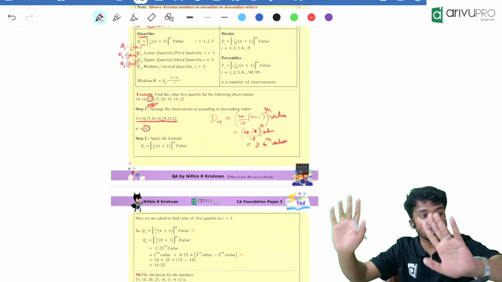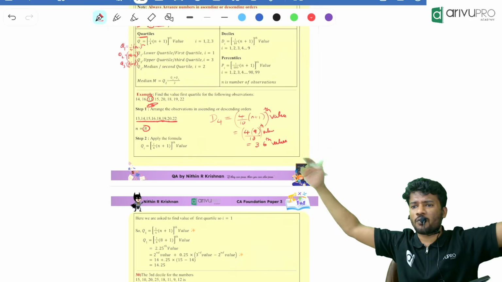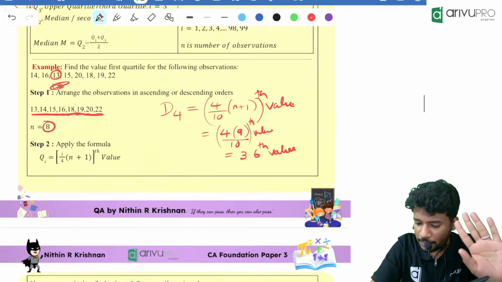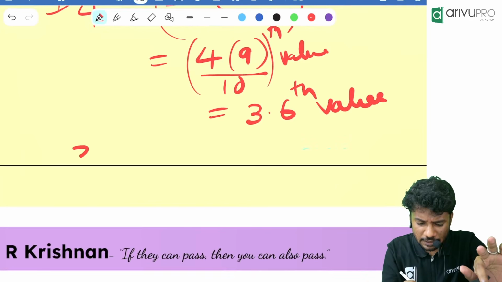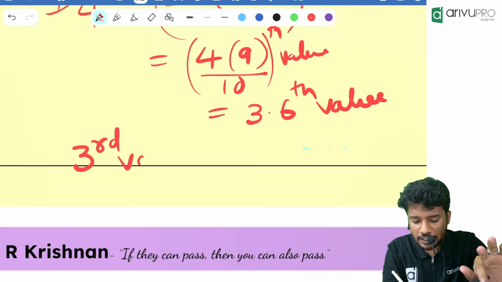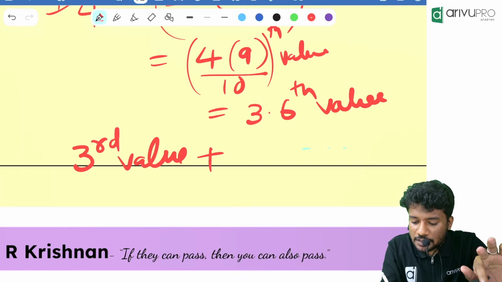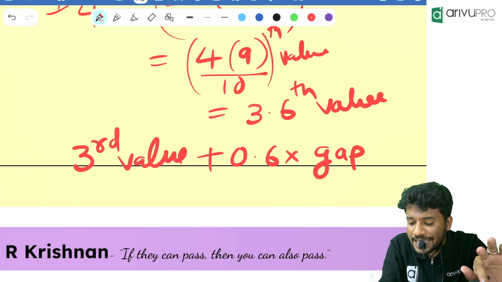If you understand this question, you can do any question. Whatever may be the question I give, you will be able to get the answer. The 3.6 value: I'll write it this way. Third value plus 0.6 into gap.